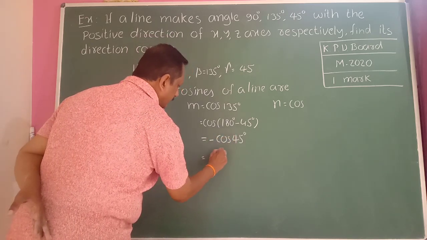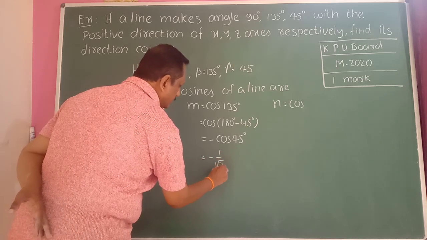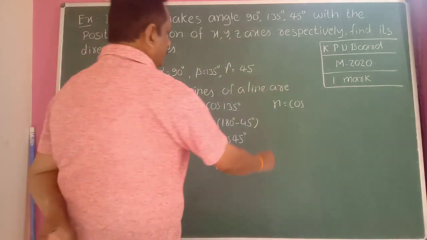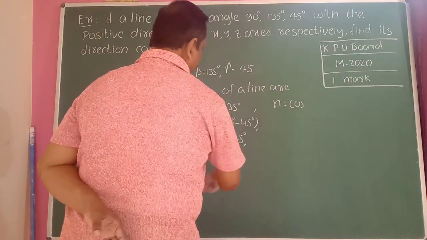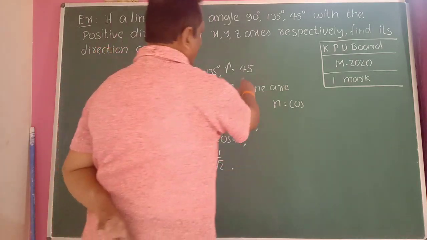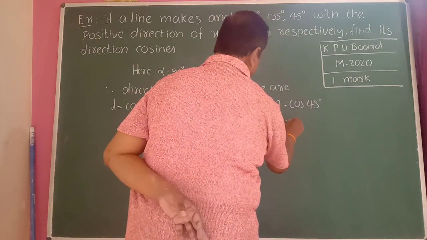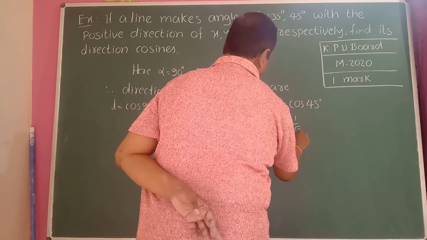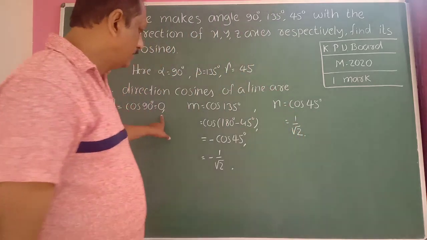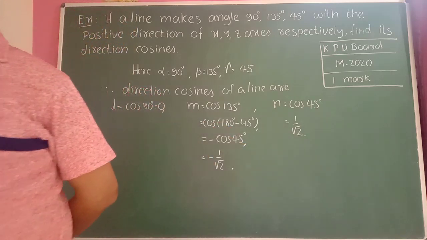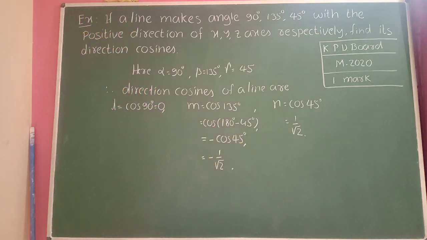Therefore, this value is 1 by root 2. So m is equal to minus 1 by root 2. Then n is equal to cos gamma. Gamma is 45 degree, and cos 45 degree value is 1 divided by root 2. Hence, 0, minus 1 by root 2, plus 1 by root 2 are the direction cosines of the line.